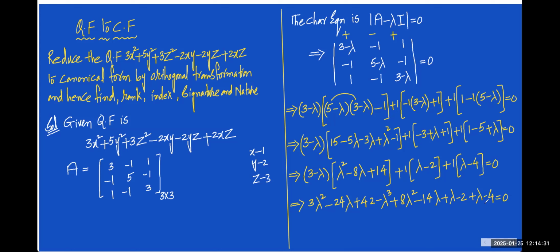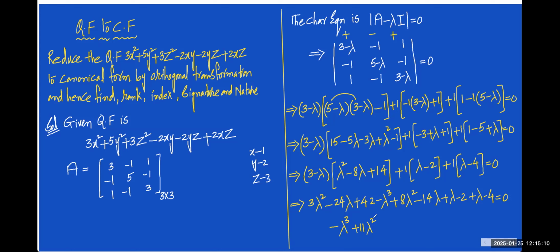Now, one of the verification is always you will get lambda cube term is negative. Yes, we are getting lambda cube negative. Now, 8 plus 3, 11 lambda square. That is correct. 11 lambda square is correct. Now, how many lambdas are there? You can see from this one. You have to use a calculator for this one. That is minus 24, minus 24, minus 14, plus 2.